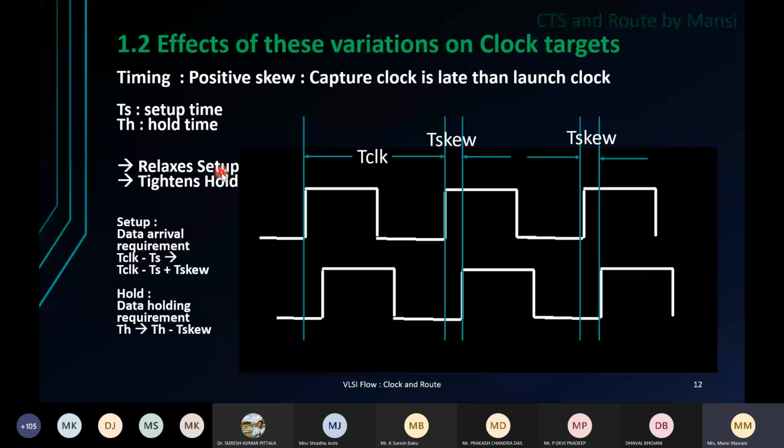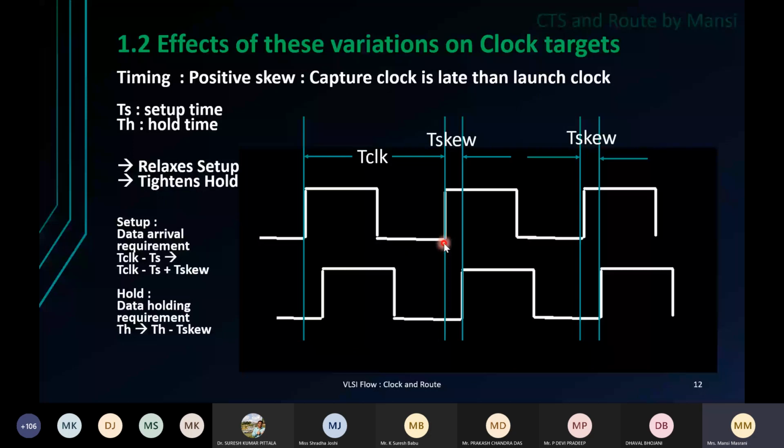So here at the capture clock, our setup time requirement is a few seconds earlier than the capture edge comes. So now I've got this much more time to meet my setup. So it actually relaxed my setup. But what happened to hold? Instead of measuring hold at this point, now I'm measuring hold at this point, which is actually tightening my hold criteria.